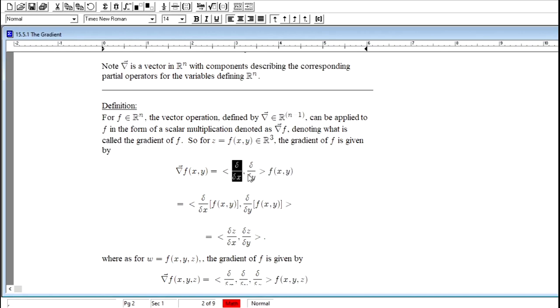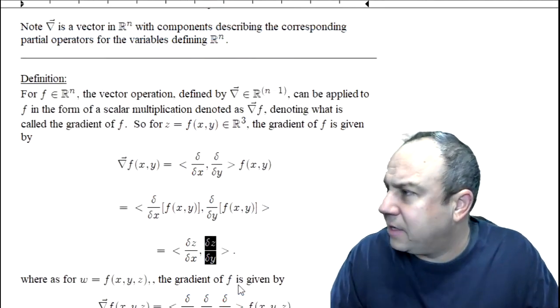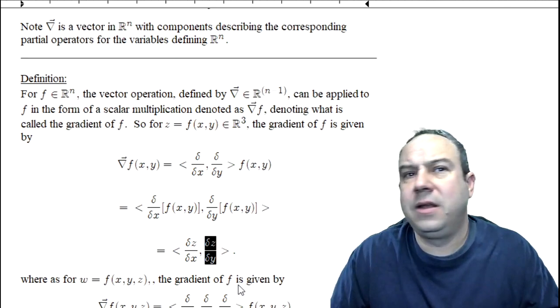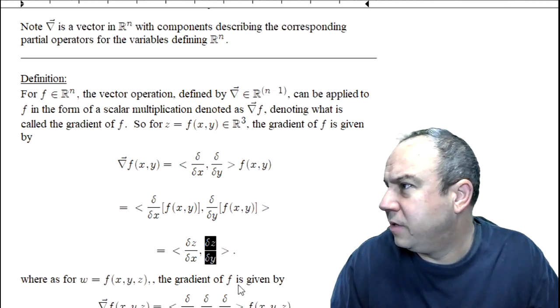It'll apply itself to this operator, and it'll apply itself to that operator. And what we will end up forming is this two-dimensional vector made up of the partial of z with respect to x and the partial of z with respect to y. That's all the gradient vector is, folks. It is a vector comprised of the partials for the multivariable function it's being applied to.